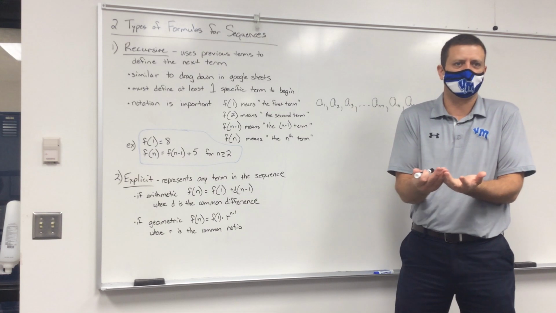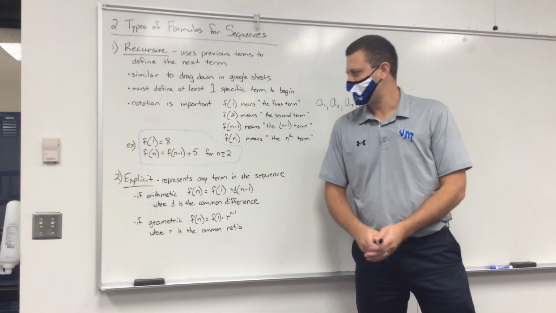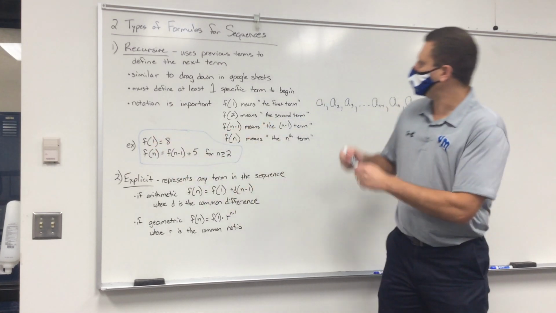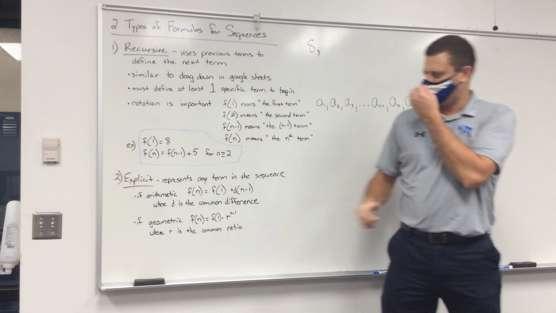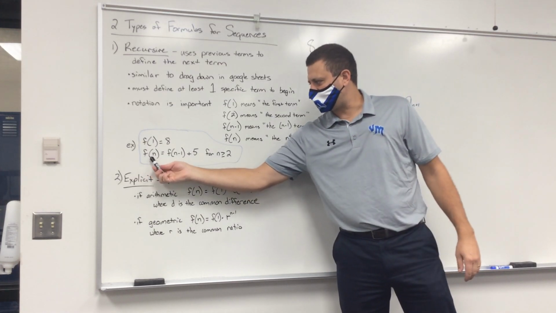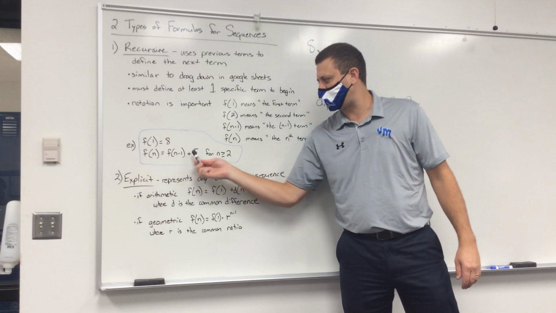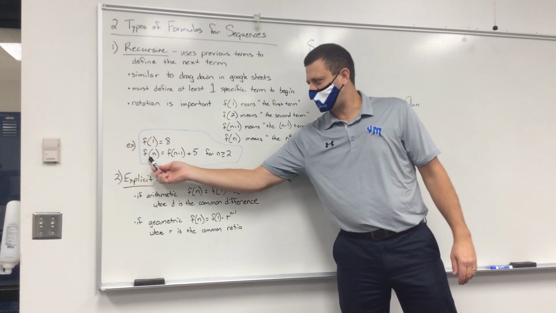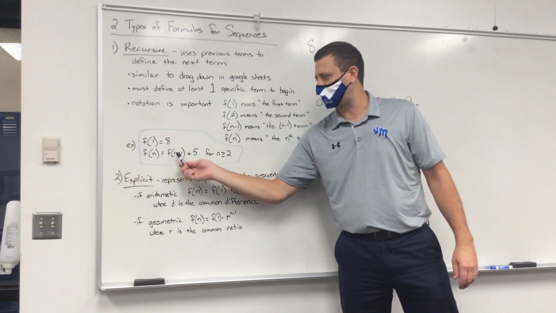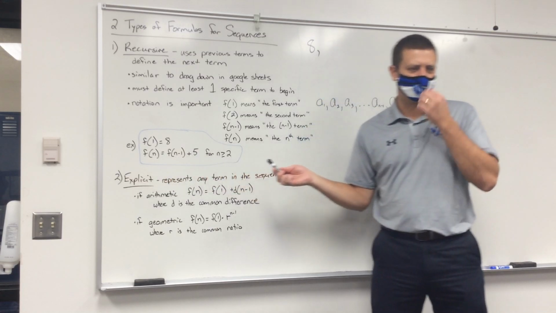So if I give you a rule, you should be able to write the sequence. The nth term in the sequence can be found by taking the term right before it and adding 5. The nth term is equal to the term right before it plus 5, for n greater than or equal to 2.